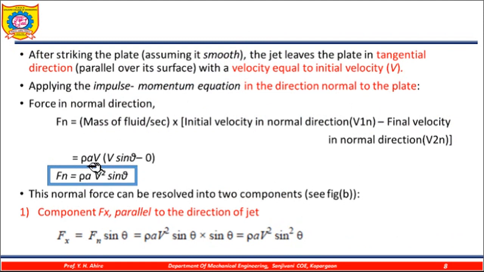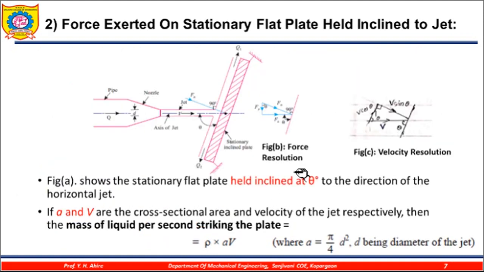Okay, mass flow rate is rho A V, times within a bracket, V sin theta minus final velocity in normal direction. That is called V2n and it is 0. Why 0? Again see the diagram. After the impact on the plate, the jet is not flowing in a normal direction.